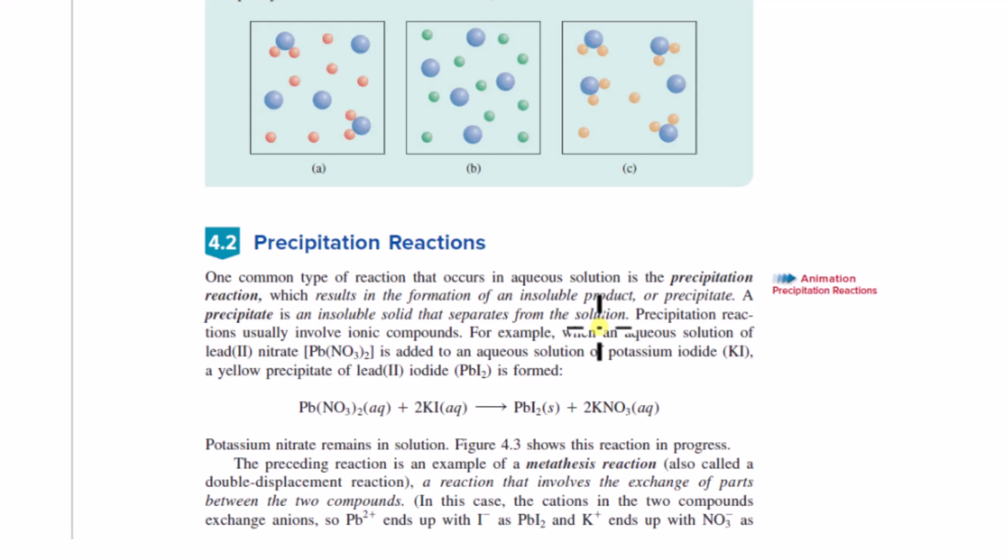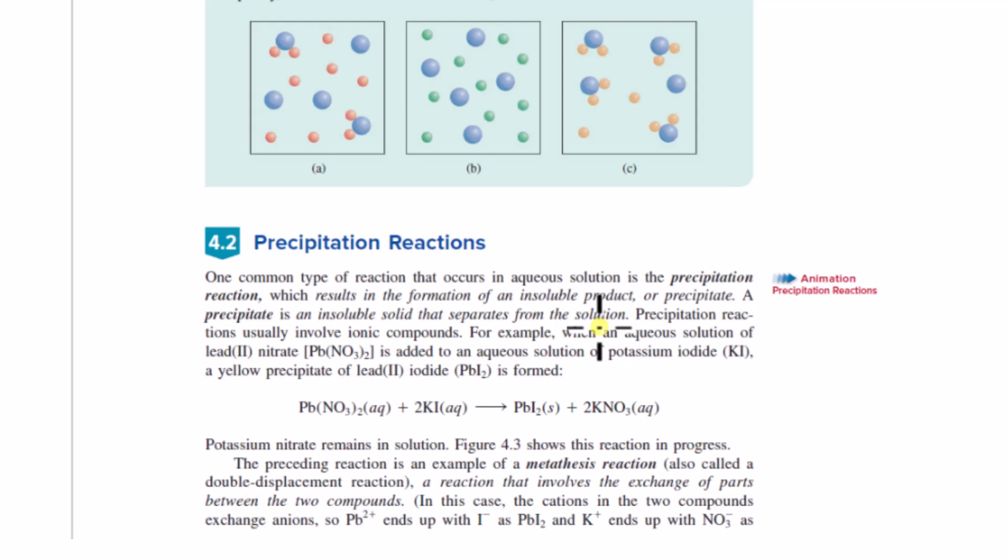So the result is that everything can interact with everything, to where before, when they were separated, that couldn't happen. And so the idea is a reaction potentially takes place because once you have these two or more compounds dissolved in water together, now these components that couldn't interact before can interact, and maybe these new interactions cause something different to happen. That's the idea of reactions in aqueous solution.